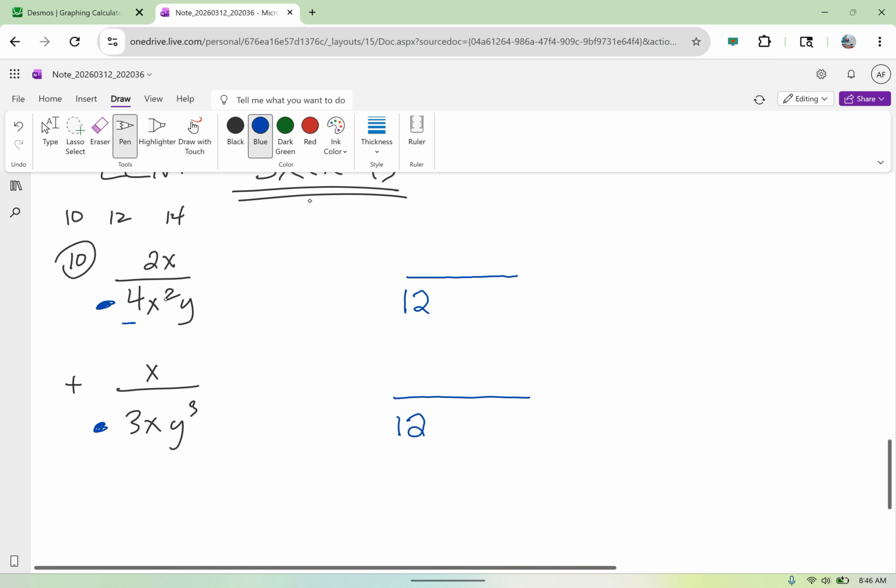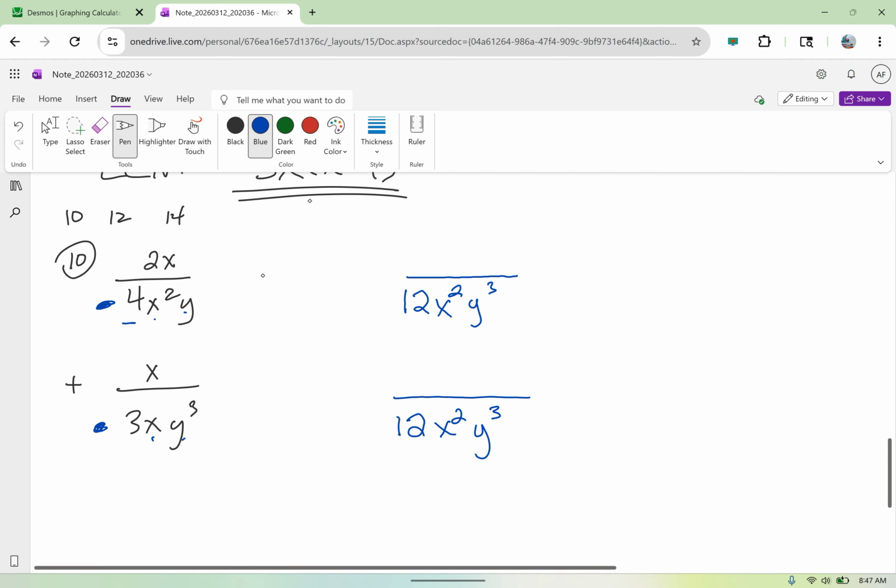You take the highest exponent value of variables, so x² and x². x² is going to be my lowest common multiple. And then I have y and y³. y³ is a part of my common denominator. So the lowest common multiple is going to be my common denominator.